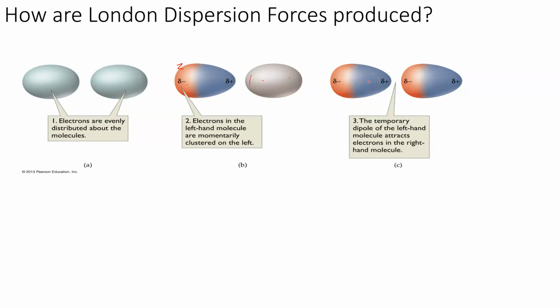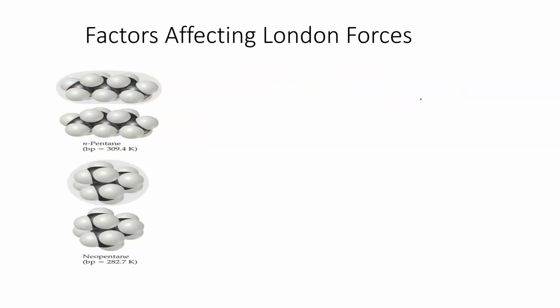They're not permanent dipoles. They're not completely polar all the time, but just temporarily. And now they can attract each other. And that's what London dispersion force is: temporary attraction between 2 atoms or 2 molecules because of the fact that you have these temporary dipoles popping up. And everything has it, everything. And the bigger it is, the more potential for this to happen.